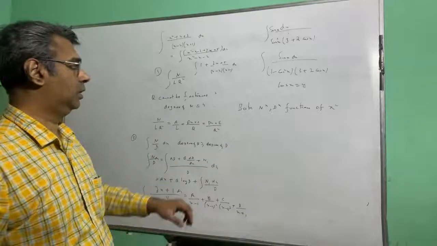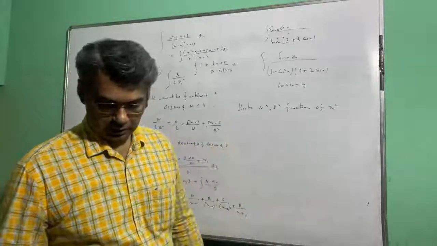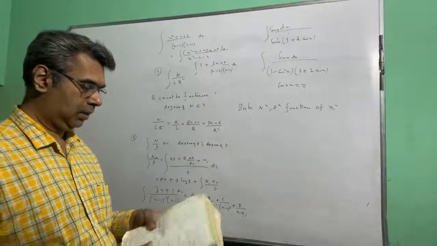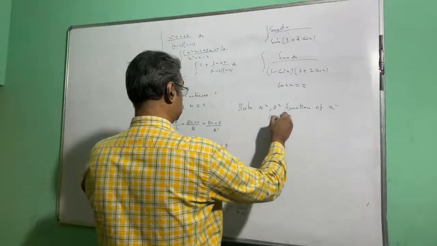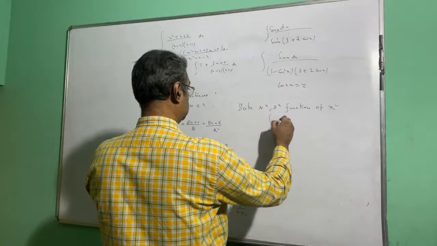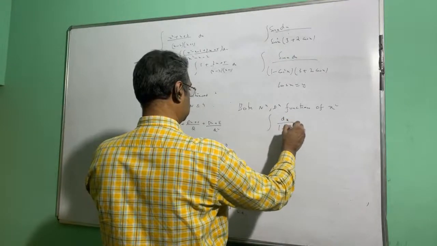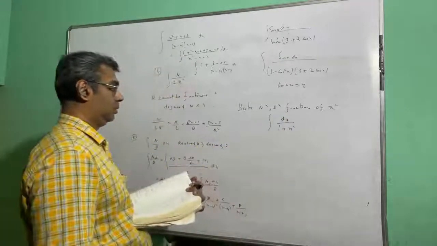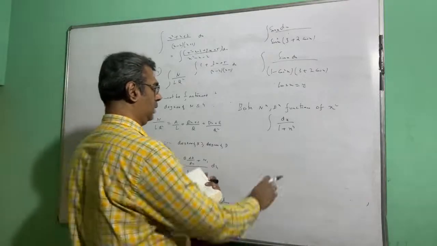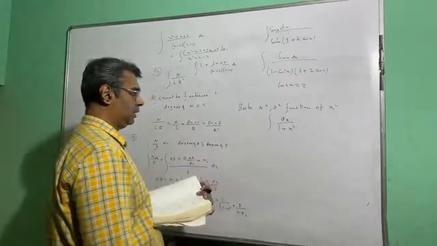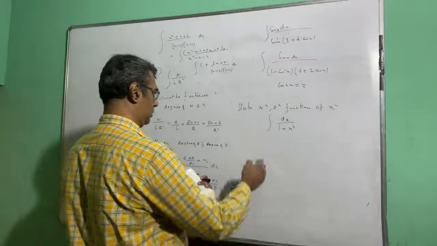Now suppose you have a question in which both numerator and denominator are functions of x square. Suppose I have a question like this, integration dx by 1 plus x to the power 4. Numerator there is nothing, denominator is a function of x square.